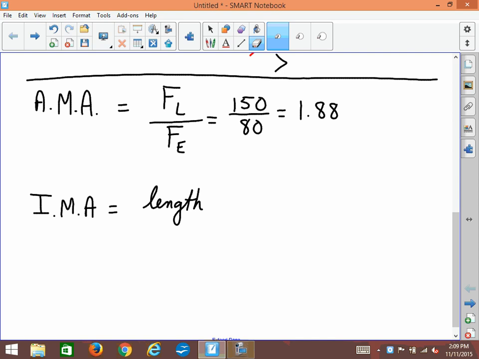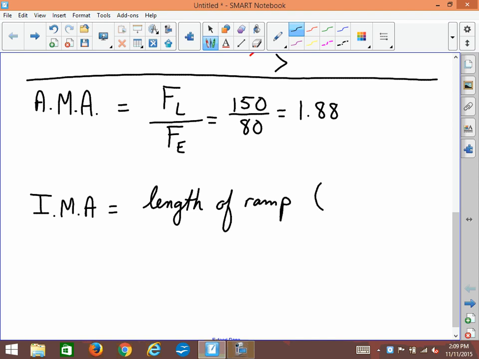But the length of the ramp, right here, is considered to be the effort arm, because that's the distance that you are pushing your object up the ramp. It's the distance that you're pushing your effort over. So the length of the ramp, that's kind of like the effort distance.